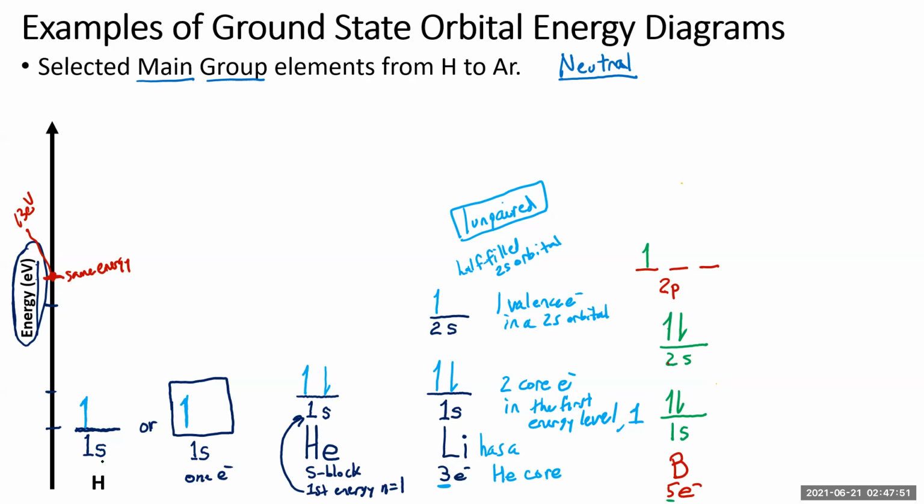Okay, so now let's skip on over to nitrogen. We'll skip carbon for the time being. So we have nitrogen, and again, same old thing. We have 1s. By now, this should be pretty repetitive to you. 1s with 2 electrons, 2s with 2 electrons.